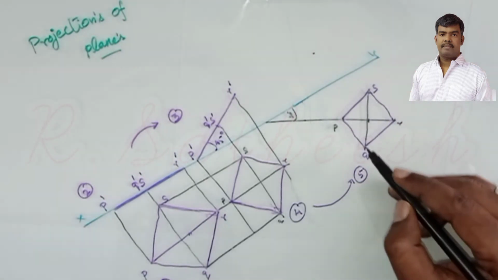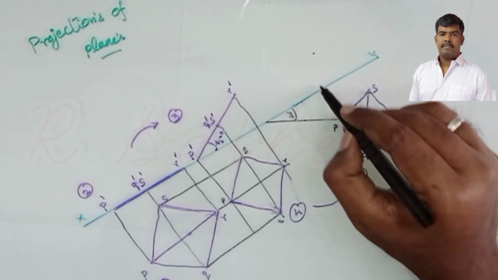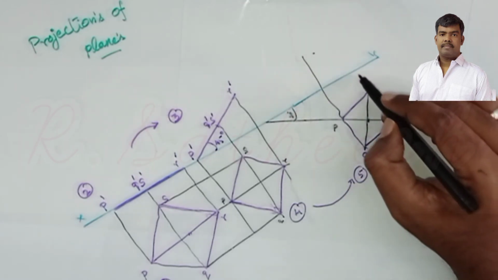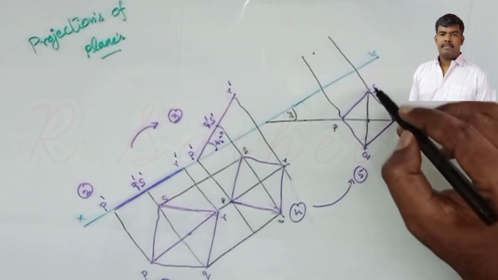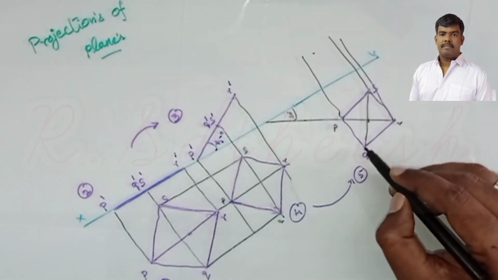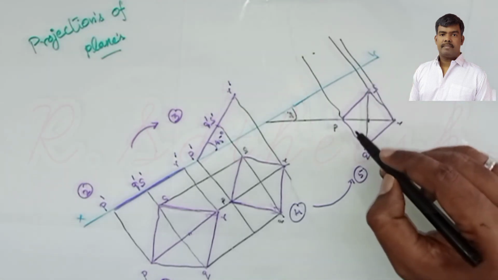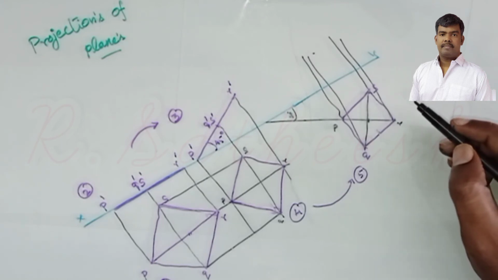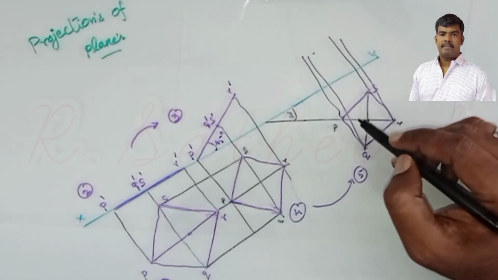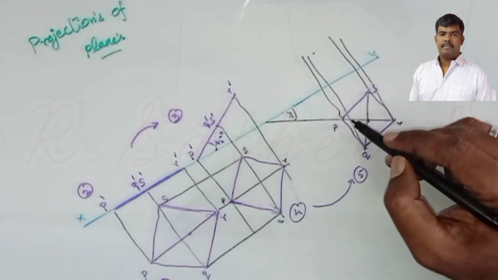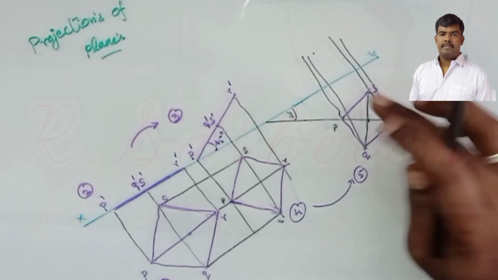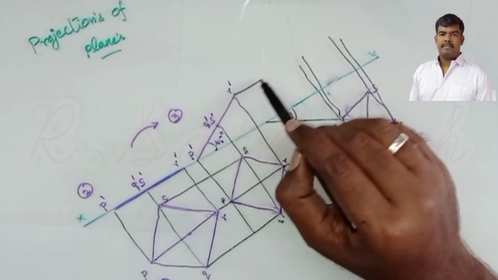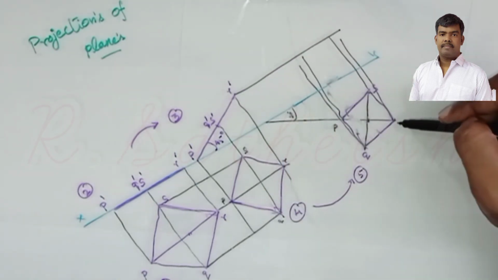So from the fifth one, you draw projection lines: P projection, S projection, R projection, Q projection. Let us assume. You draw perfectly; Q may or may not come outside also. Next here, this is the R point projection. Where is R?